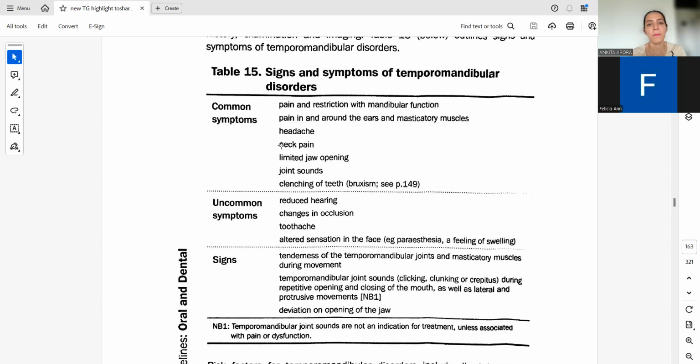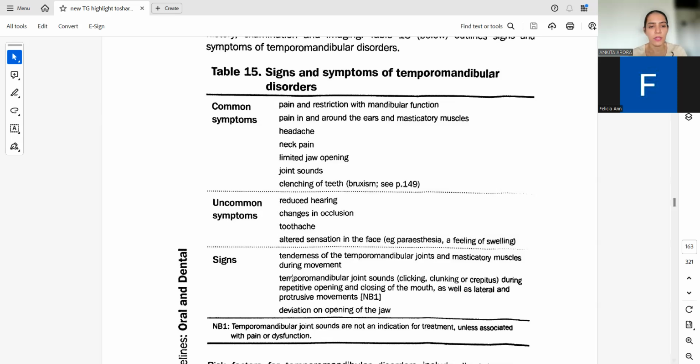Headache, neck pain. This is the temporalis insertion into this area above. That's why headache is a jointly associated symptom. Neck pain, limited jaw opening, joint sounds, and clenching of teeth. So uncommon symptoms being reduced hearing, changes in occlusion, toothache, and altered sensation in the face, paresthesia, a feeling of swelling.